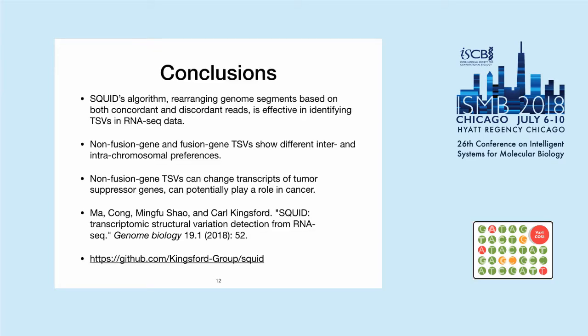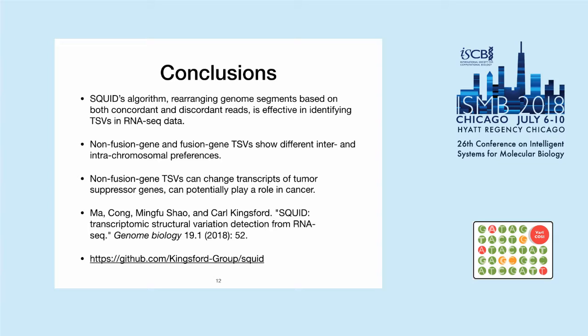To conclude, the algorithm of SQUID, which rearranges genomic segments based on both concordant and discordant reads, is effective in identifying TSVs from RNA-seq data. Out of the TCGA samples we tested, we observed that non-fusion gene and fusion gene TSVs have different interchromosomal preferences.